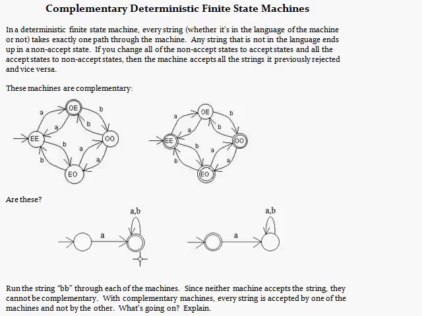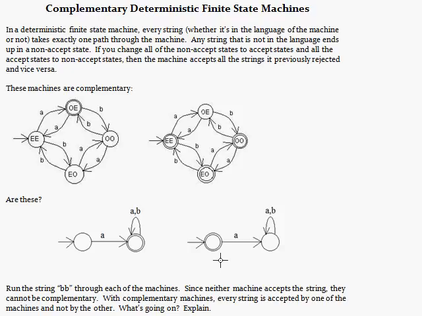Now, there are some caveats here to our algorithm. Take a look at this machine. This is a machine for strings that start with A. Look at this now. Is this the complement of that machine? The answer is not entirely obvious because it looks like it ought to be.